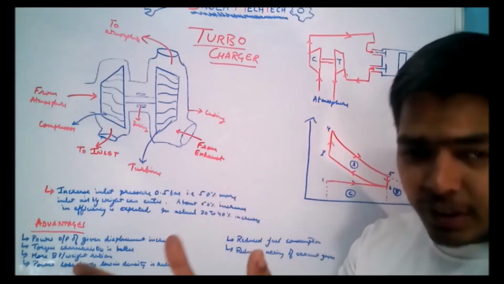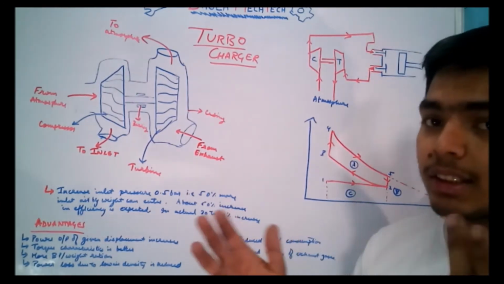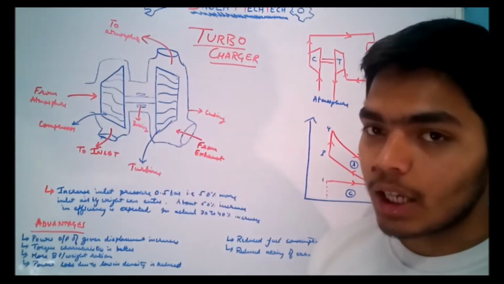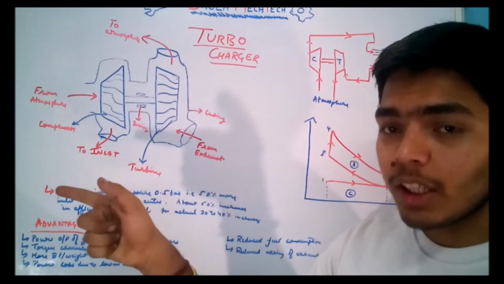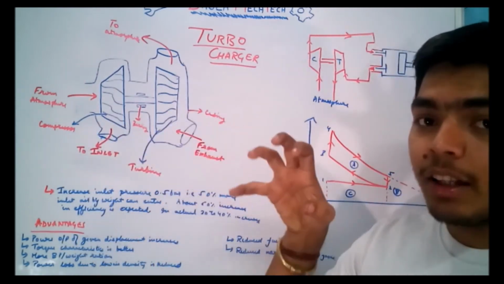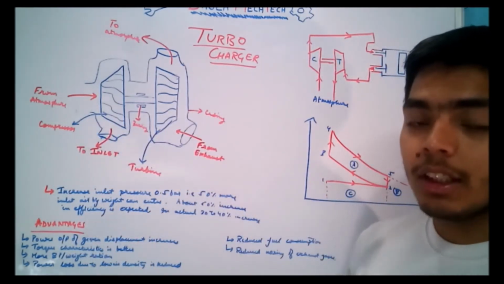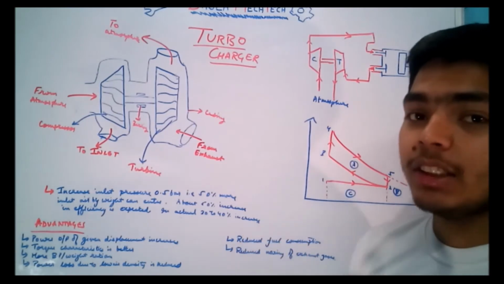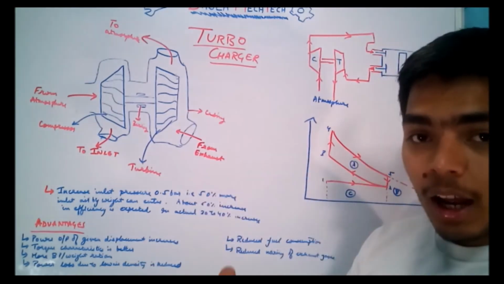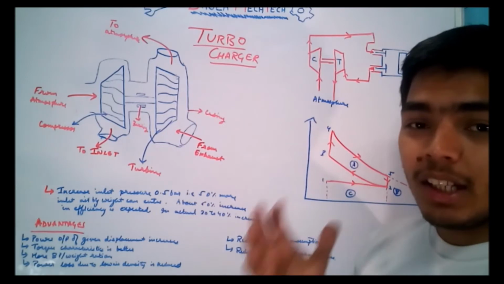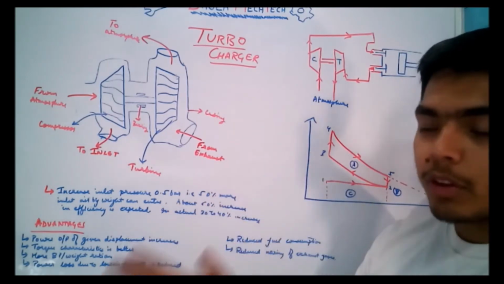That is obviously a great increase in efficiency by using this turbocharger. It also increases the performance of the engine by rushing the fresh air into the engine, thus decreasing the power required by the engine. Hence the overall power of the engine increases, and so does its performance.